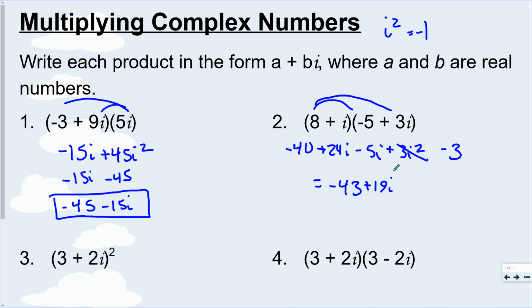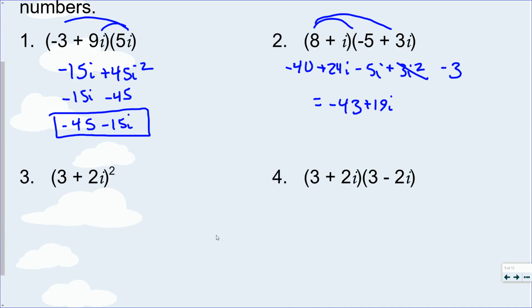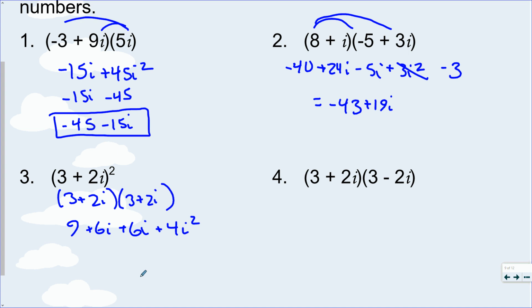Okay, let's try this one. So 3 plus 2i squared. So 3 plus 2i times 3 plus 2i. You get a 9. You get a 6i. You get another 6i. And you get 4i squared. Okay, that i squared, you know the drill by now, becomes minus 4.